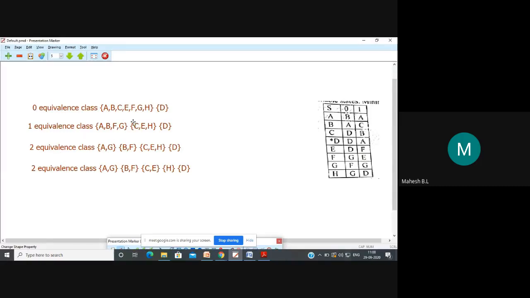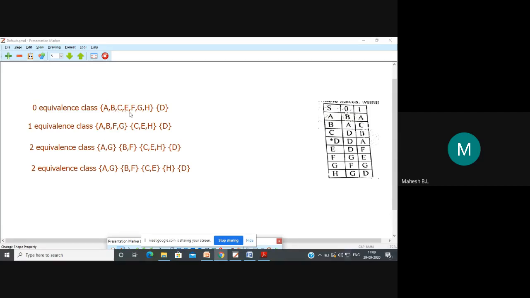So let me explain this example once again. See, initially in the given table, we are going to have two equivalence classes. One with the accepting state, another with the rejecting states. So here all these are rejecting states, one is the accepting state. Next, we try to partition.